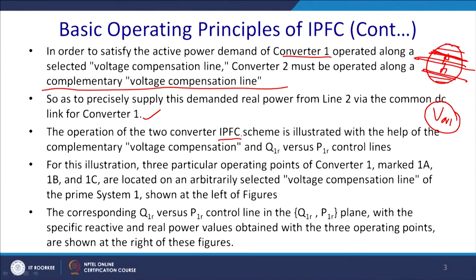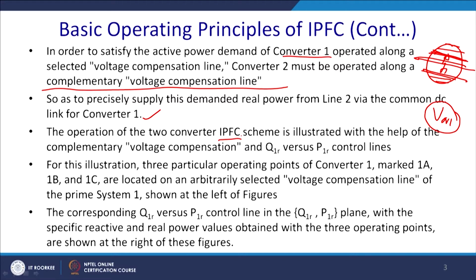The operation of the two-converter IPFC scheme is illustrated with the help of the complementary voltage compensation of Q1 versus P1 of the control line, which we will see in the next slide.